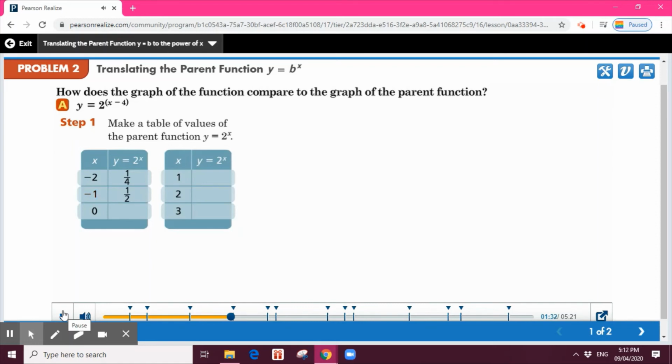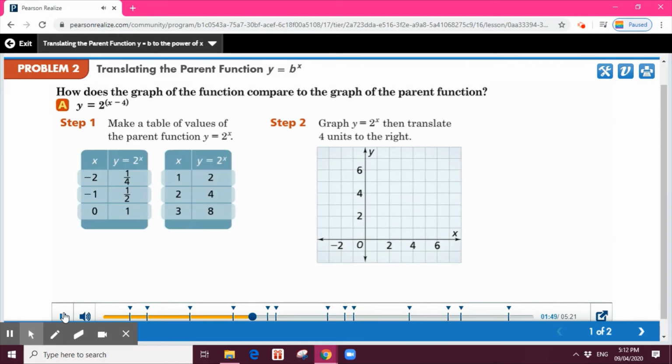Continue to substitute each value of x into the parent function to find the y values. Step 2. Graph y equals 2 to the x power and then translate the graph 4 units to the right. Start by plotting each point from the table.